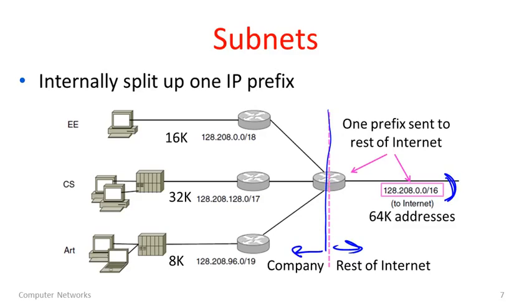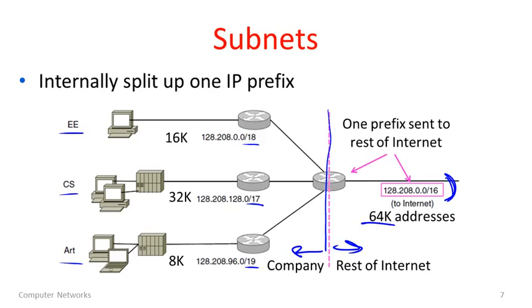So it's a /16, so it has 64k different addresses. Internally, it might want to divide that into different structure, because often there is structure inside an organization. Here it's a university and we have the EE, CS and Art departments. So what are they going to do? Internally, they could divide the /16 up into a /17, a /18 and a /19. There's actually a little bit left over.